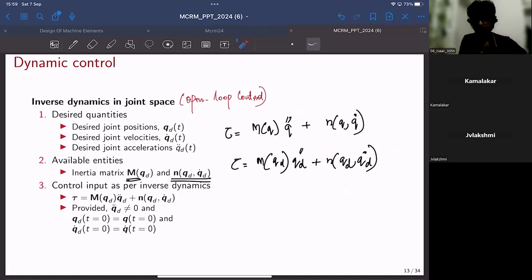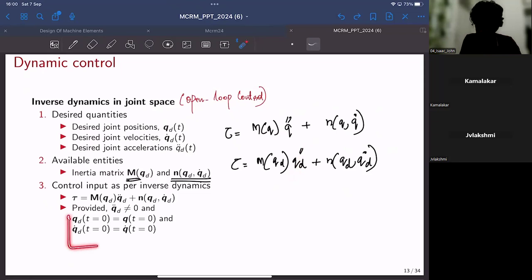This scheme, again like in the previous case, will not work if q desired double dot is 0. If this term is 0, this entire term becomes 0. So tau becomes this term alone. That basically cancels a lot of terms in the dynamic model. So it will not track a desired trajectory if the accelerations are 0.